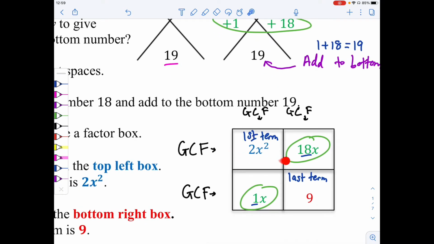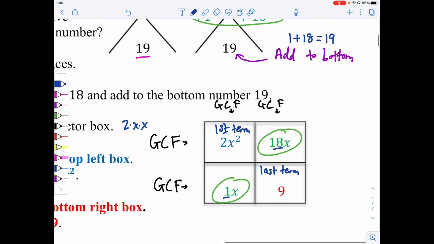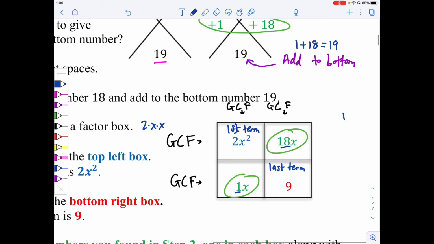So the greatest common factor of 2x squared and 18x. Remember how we did that? We write out our factors. So 2x squared is 2, x, x. 18x would be 2, 9. We can use our factor box again, or our factor tree. 2 times 9, 9 is 3 times 3.